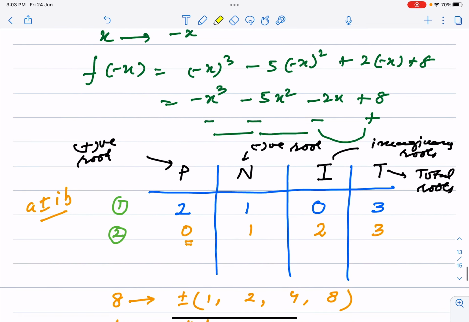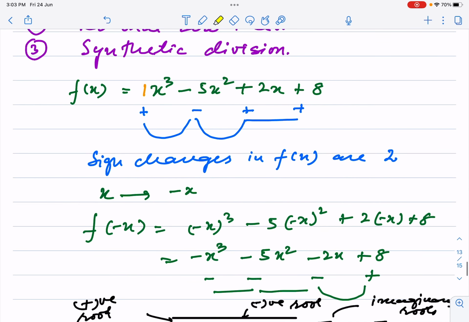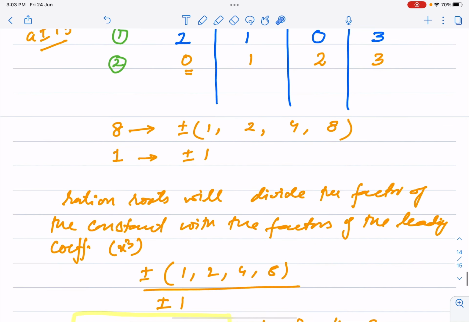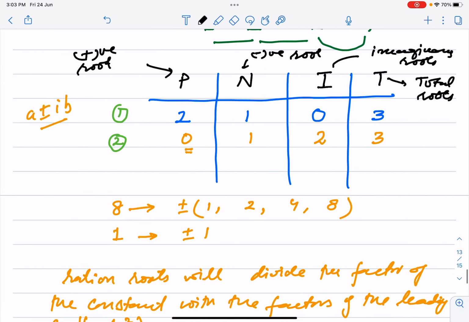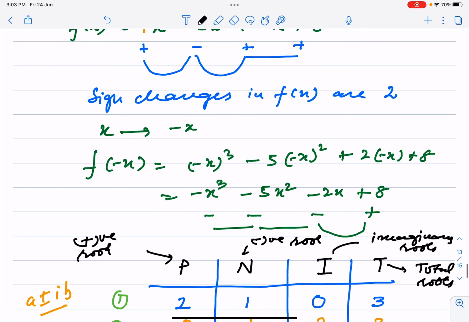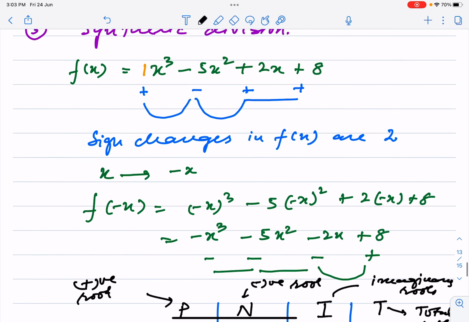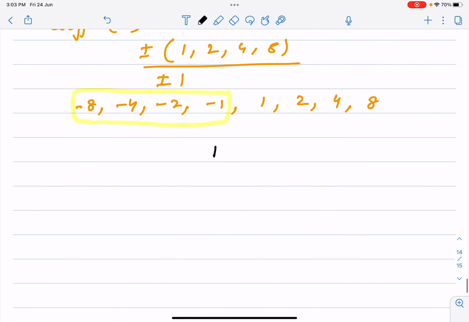Now first, using synthetic division, take the coefficients like this: 1, -5, 2 and 8. Write them down over here. So suppose I take -1.